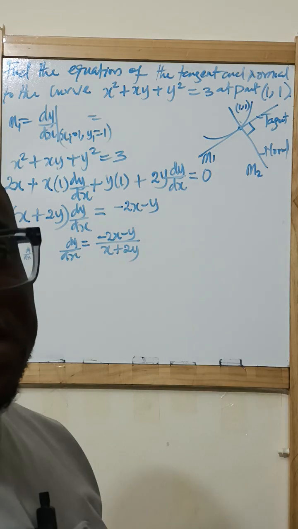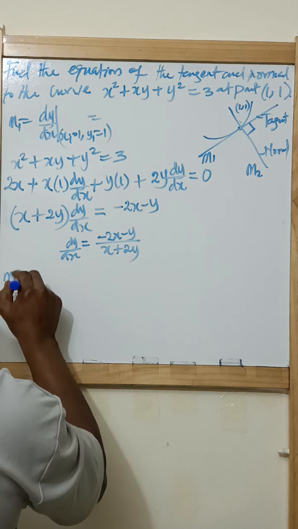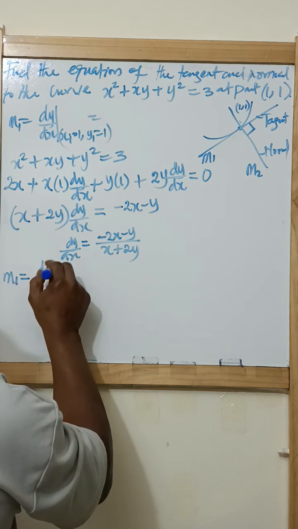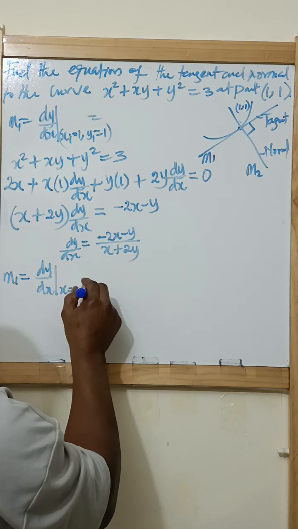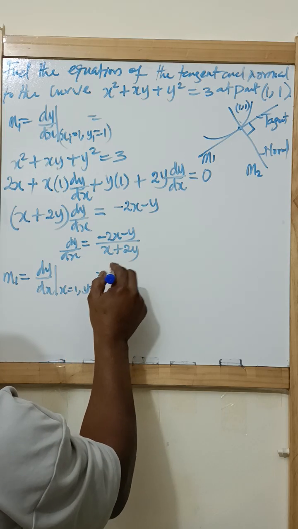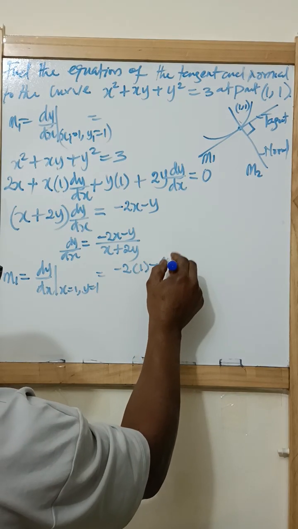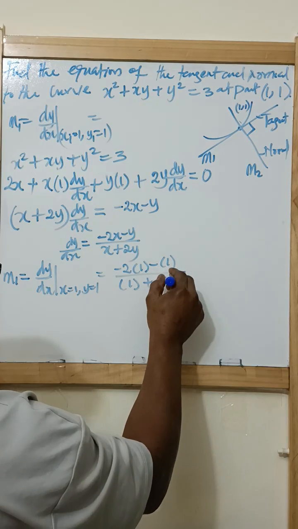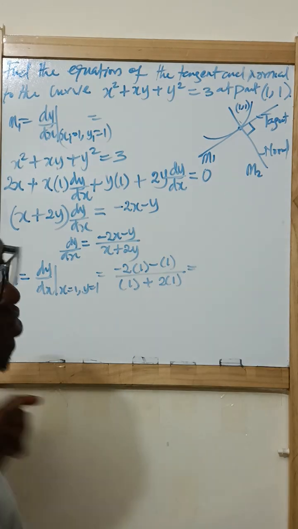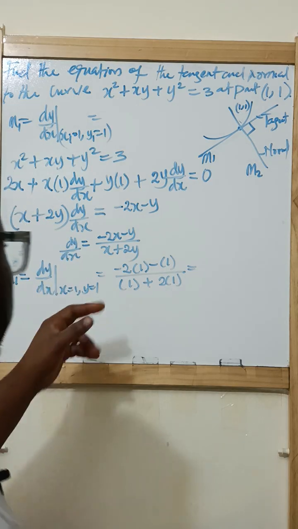So from there, we'll now get the gradient m1, which is what? m1 is going to be dy/dx when x is 1 and y is 1. So that will be minus 2 into 1 minus 1 all over 1 plus 2 into 1. We substitute x and y into this equation.